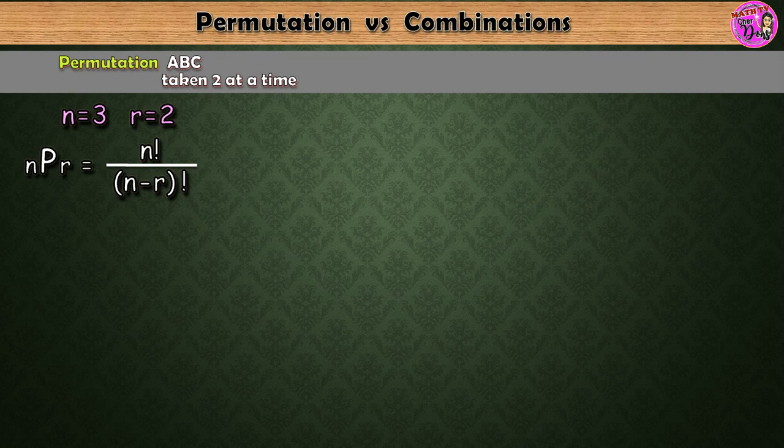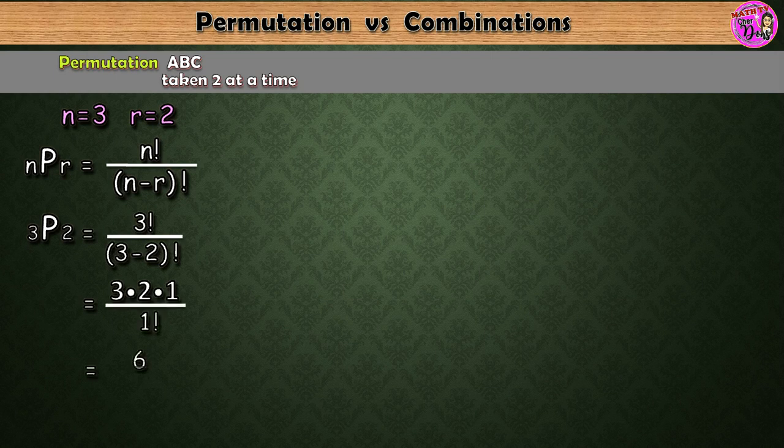Plug in the values: permutation of 3 objects taken 2 at a time is equal to 3 factorial over quantity 3 minus 2 factorial. Simplifying it, we have 3 times 2 times 1 over 1 factorial. 3 times 2 times 1 is 6 divided by 1 factorial, and that is 1. So 6 divided by 1 is equal to 6. Therefore, there are 6 ways.